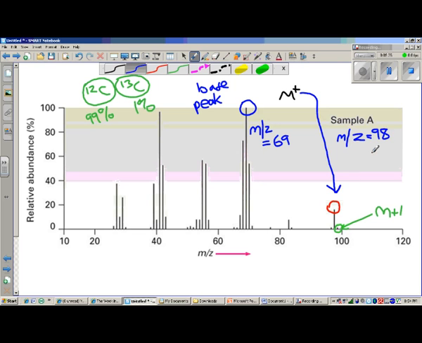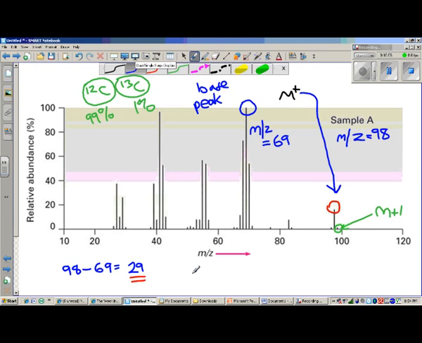So what we do is, well, 98 was the molecular ion peak. 69 was the mass to charge ratio of the base peak, so therefore that difference is 29. Now with 29 AMU you can figure out what sort of group, usually some sort of alkyl group, corresponds to something of size 29.